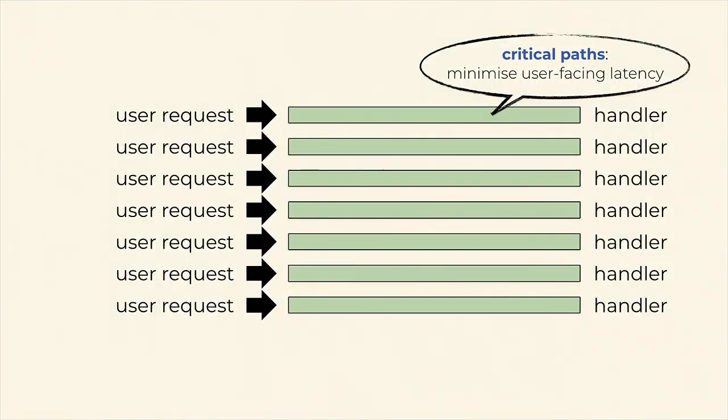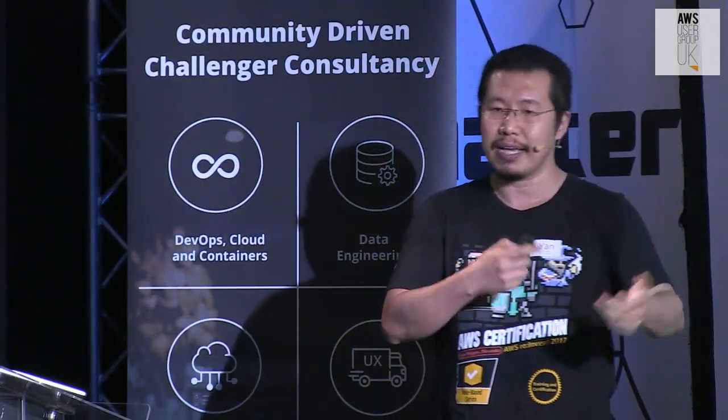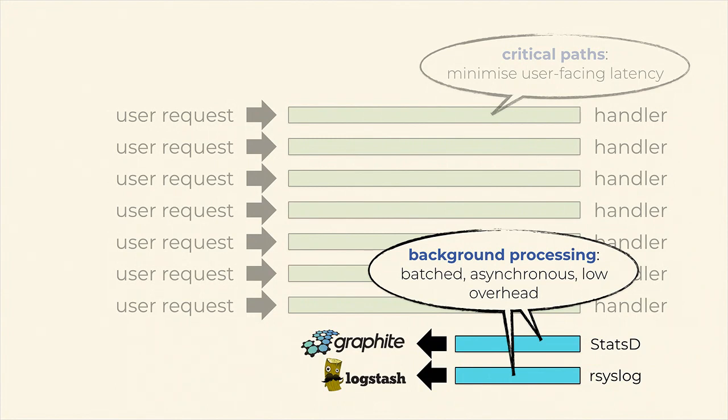So if you're building APIs, these agents are running behind the scenes. They don't add latency to your critical path where you're trying to handle user requests and respond as quickly as you can. In the background, they are collecting data, batching it up, and then sending it off to Graphite or whatever system you're using to actually monitor your application.